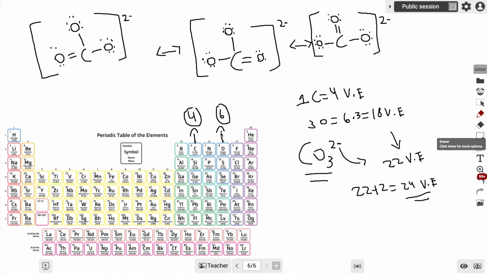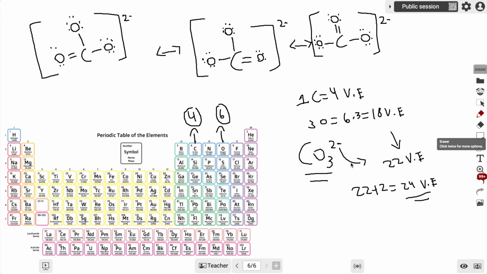Then I added each of the number of atoms. Oxygen was 3, so I took the 6 valence electrons times 3, which was 18. And we have 1 carbon, so all we needed to do was to add the 18 with the 4 to get 22. After that, I took the charge value. Depending on the charge, if it's a minus charge, we add the number to the valence electrons.